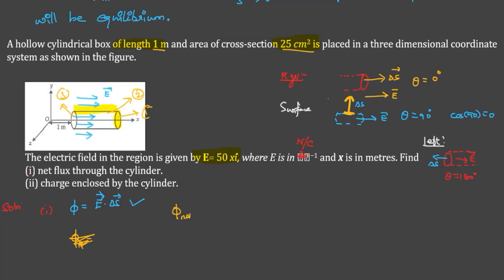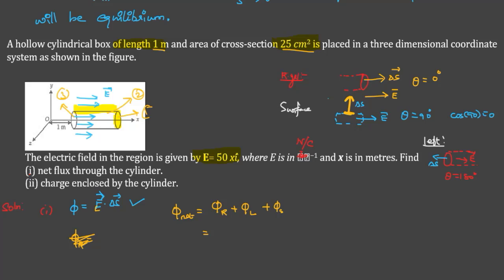We can calculate directly: net flux is nothing but flux on the right side plus flux on the left side. No need to calculate the surface, we can write it based on the formula.